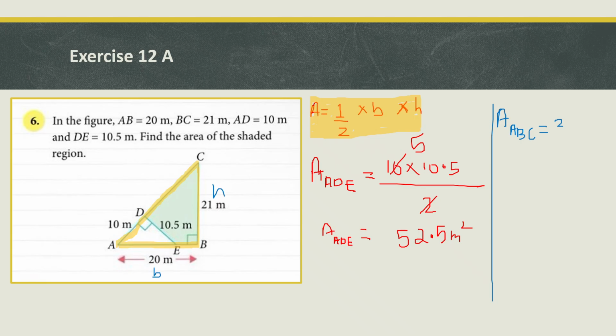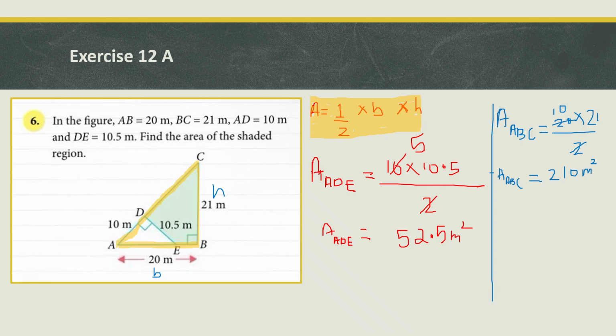So 20 multiplied by 21 over 2, 2 tens are 20, 0 as it is. So it is equal to 10 multiplied by 21, which is 210 meter square. So area of triangle ABC is equal to 210 meter square.